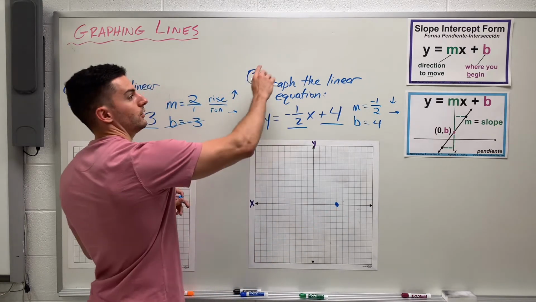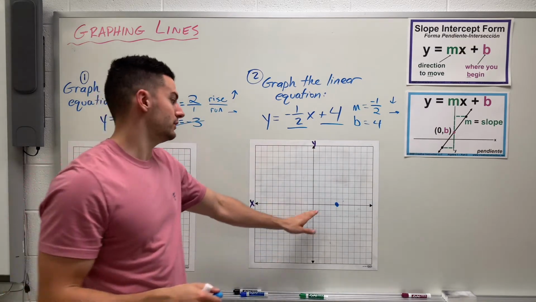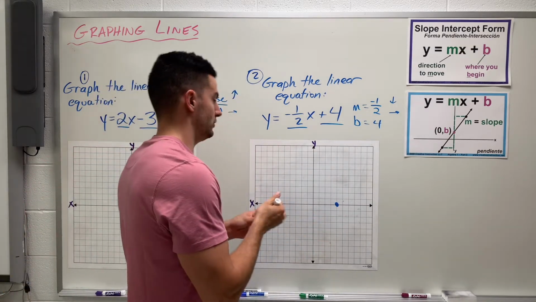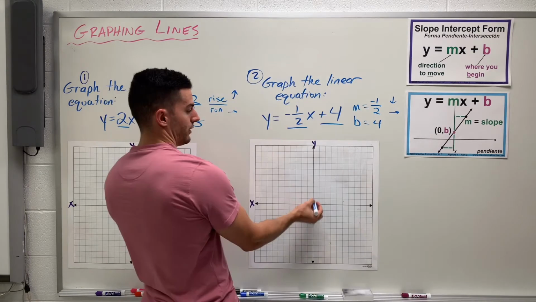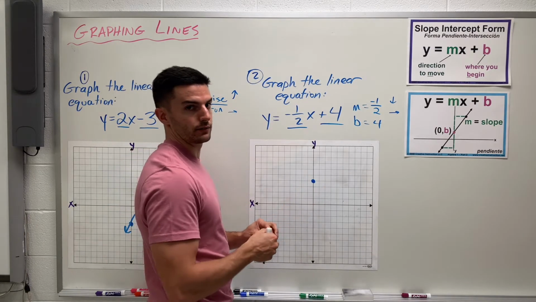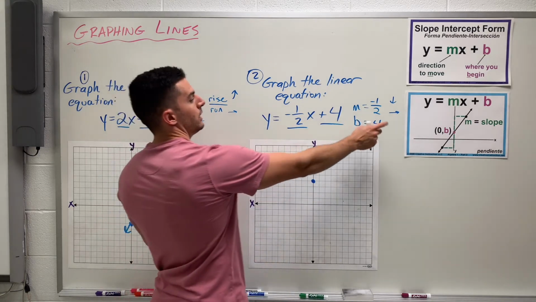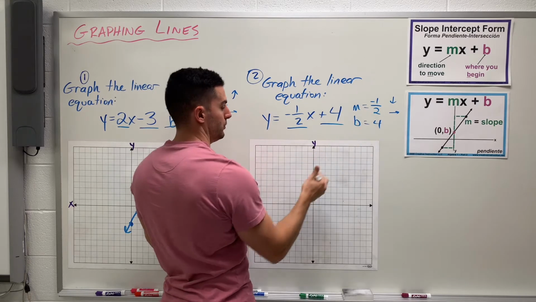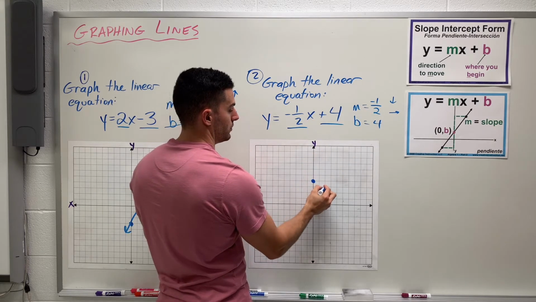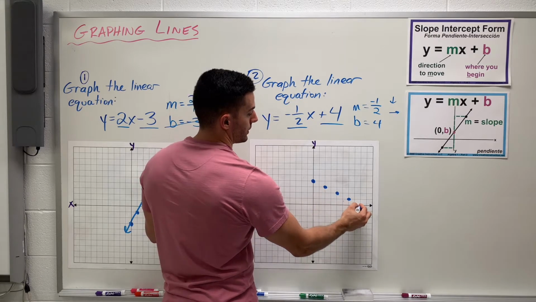But it's not called your x-intercept, it's called your y-intercept. You don't start on the x-axis, you start on the y-axis. Count up 4 on your y-axis and you start there. Always your y-axis for your b number. So I start at positive 4, and then I move down 1, right 2, point. Down 1, right 2, point, and so on.